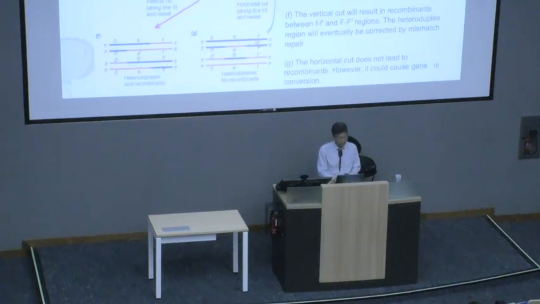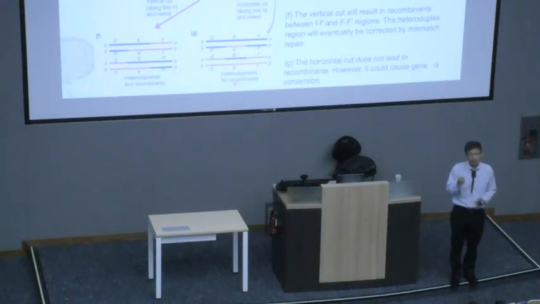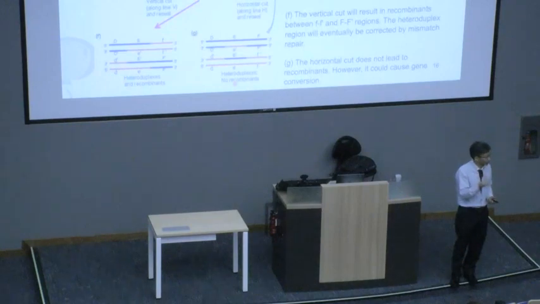If we look at this one, at the beginning it's a DEF, and later you still get a DEF. It's blue, blue, blue. Even though in the middle there is some heteroduplex region, this one is considered non-recombinant with heteroduplex.